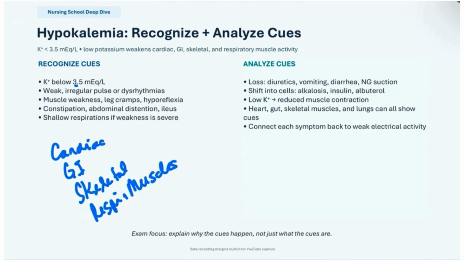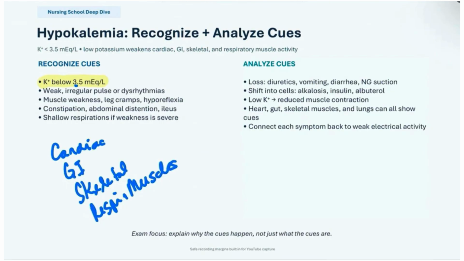I've said it earlier, a potassium of less than 3.5 is considered hypokalemia. So 3.5 to usually 5.0 is considered the normal range, depending on the hospital and the textbook your instructor is using.